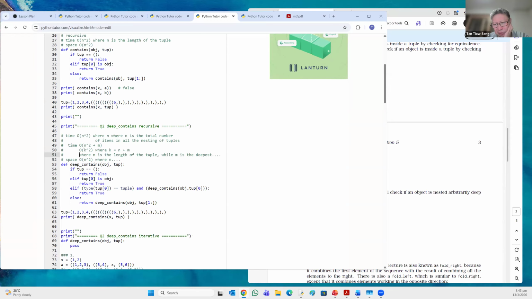Can n for time complexity be rephrased as the number of leaves in the input tuple tree structure? Yeah. I'm just afraid that it's not necessarily a leaf.